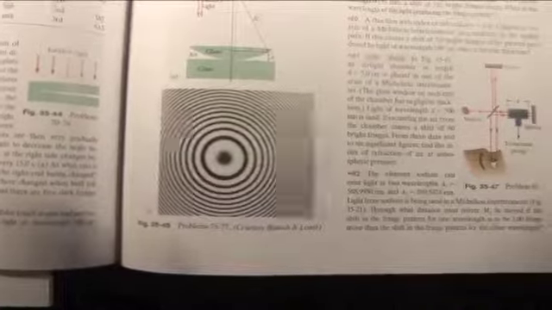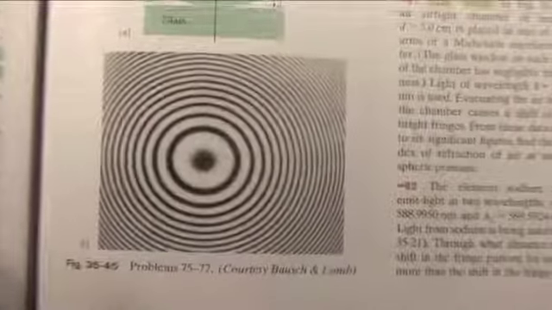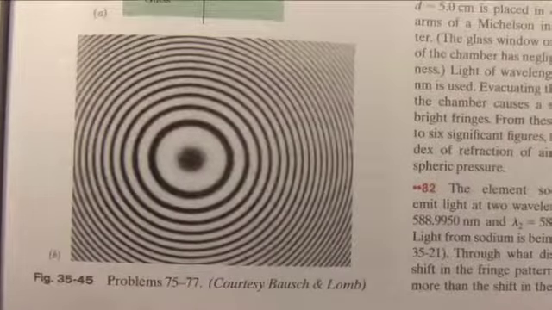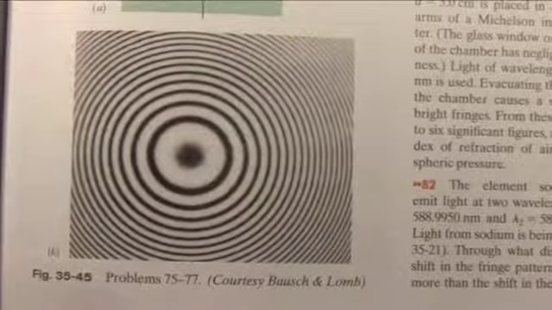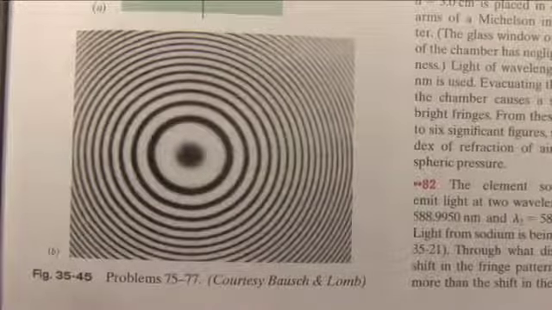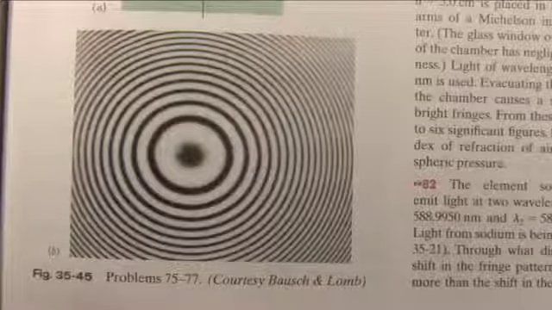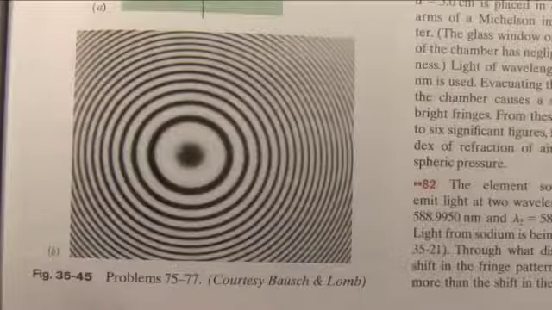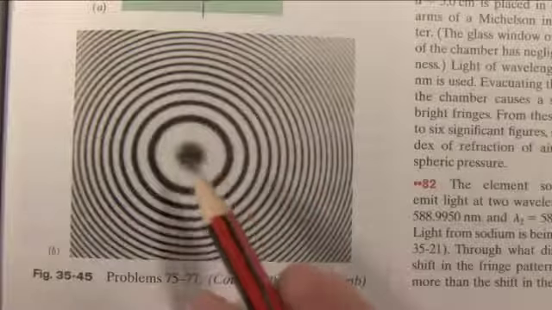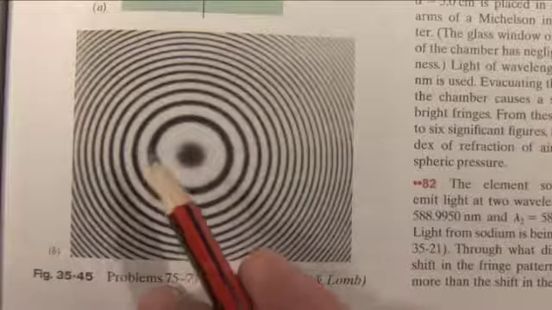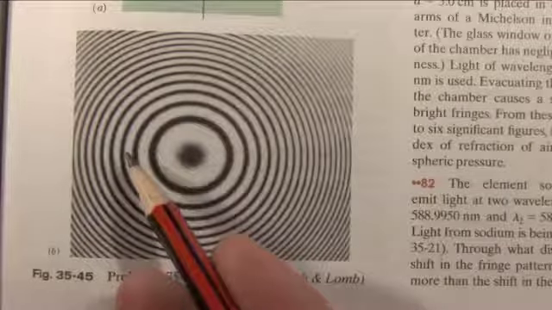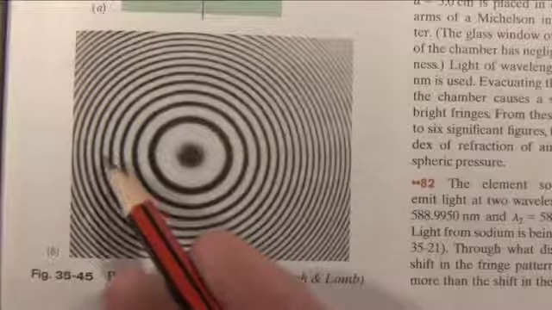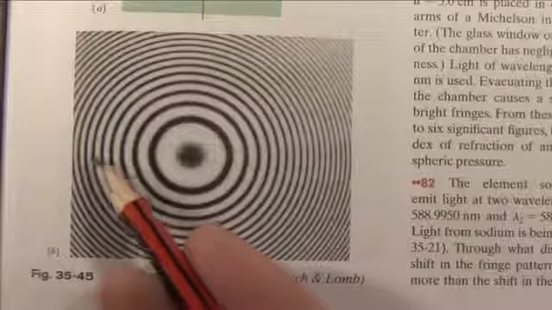Let me just zoom in. Chapter 35, this is at the problems in the back of the book. You're going to see rings that look like that, and you're going to put crosshairs in the center of each of these dark lines like this.